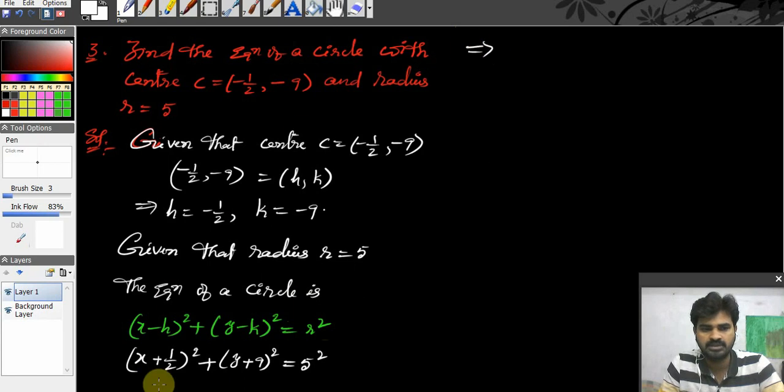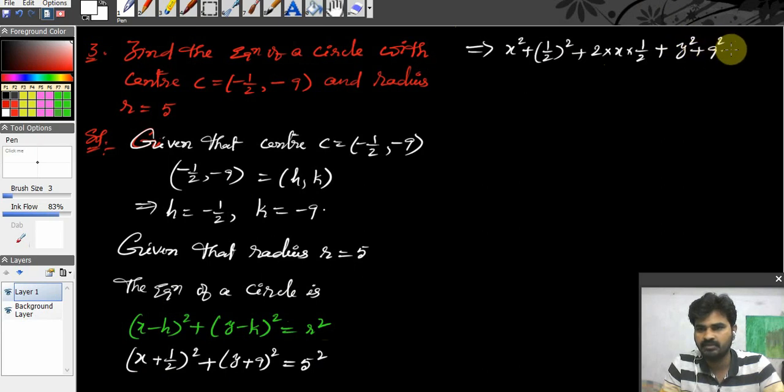Now this is of the form a plus b whole square. Now a square plus b square plus 2ab, 2 into x into 1 by 2, plus here also a square plus b square plus 2ab. So that is y plus 9 whole square, is equal to how much? 25. 5 square is 25.